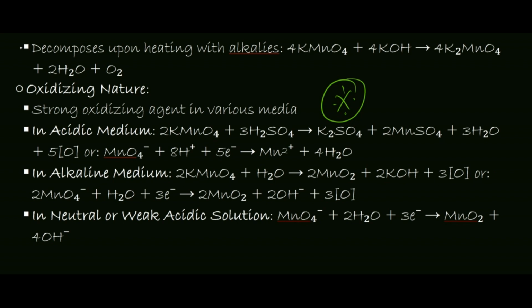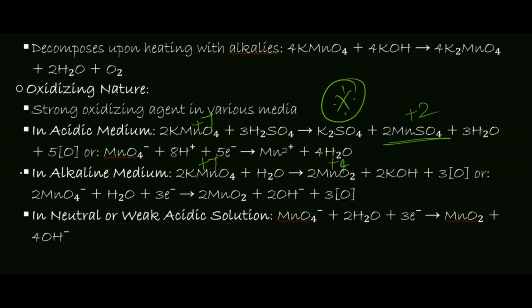Okay, why is that so important? Because in acidic medium, KMnO4 reacts with sulfuric acid to give MnSO4. So the +7 oxidation state is converted to +2. Okay. In alkaline medium, the +7 oxidation state is converted to +4.